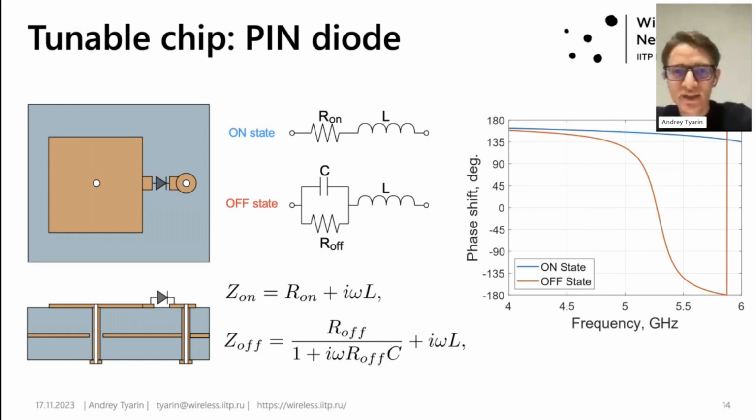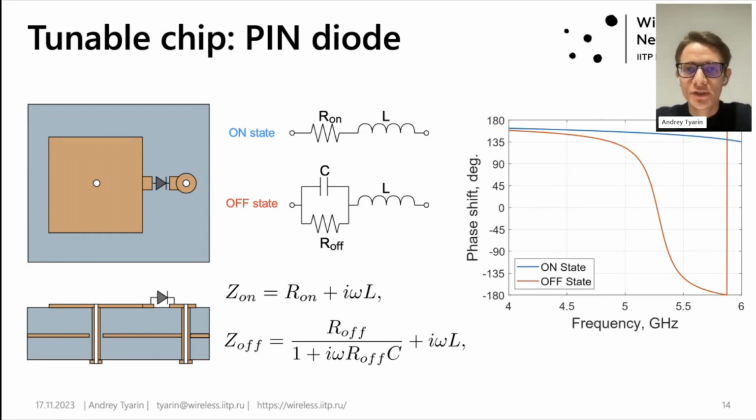In the on state, the pin diode acts as a variable resistor with a resistance inversely proportional to the bias current. In the off state, the pin diode acts as a capacitor.